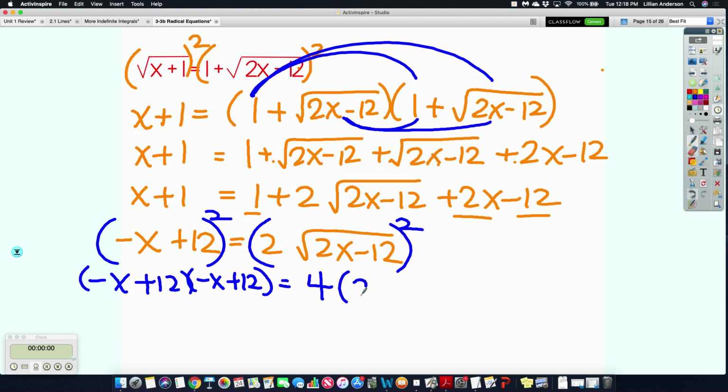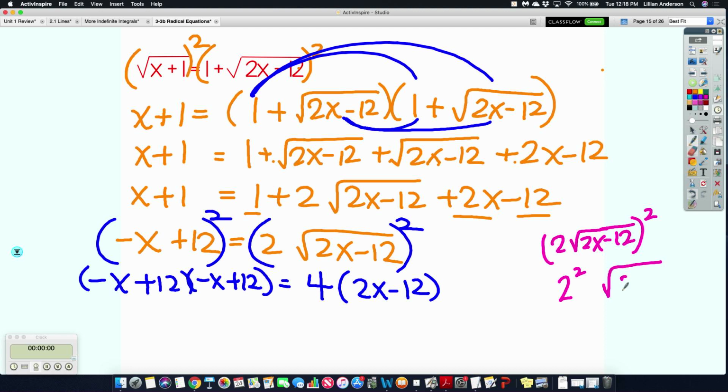It goes away. And the operation of multiplication still keeps them together. Okay? So again, for those who might not see it, you basically are squaring the 2 and you're squaring the square root. So that's how you get 4 times, because it's a multiplication that's connecting them together.